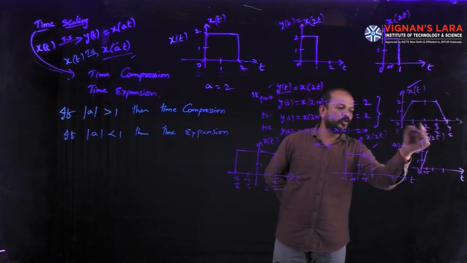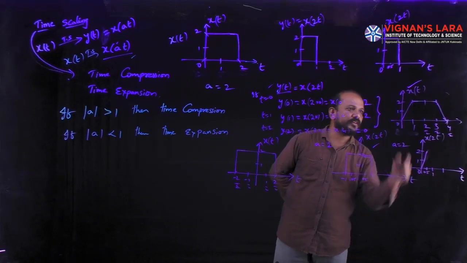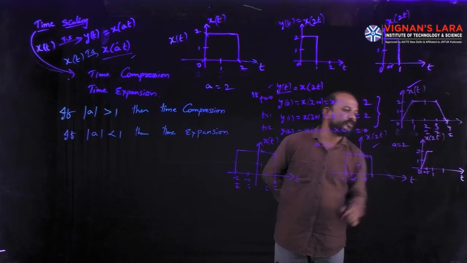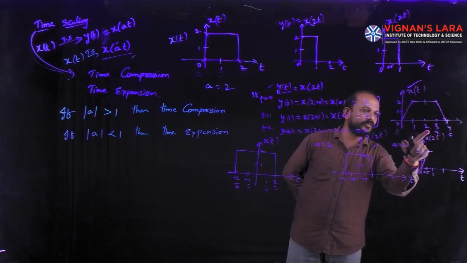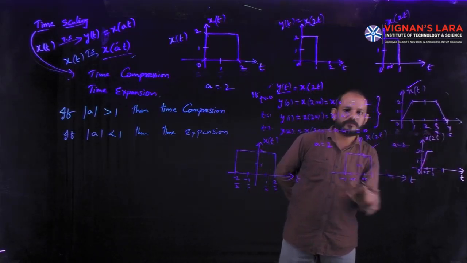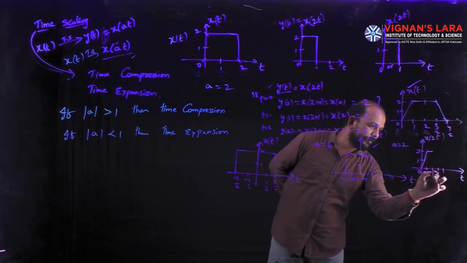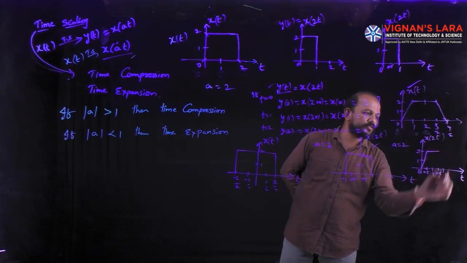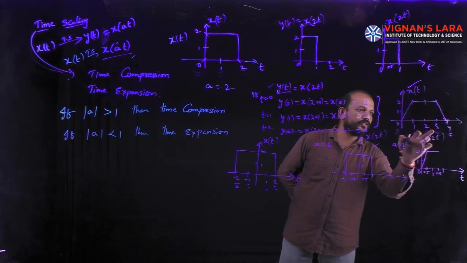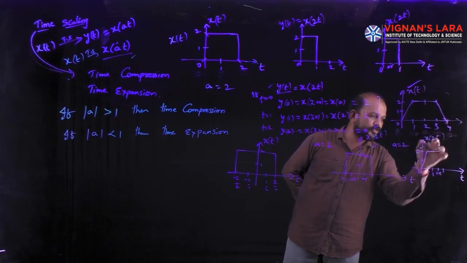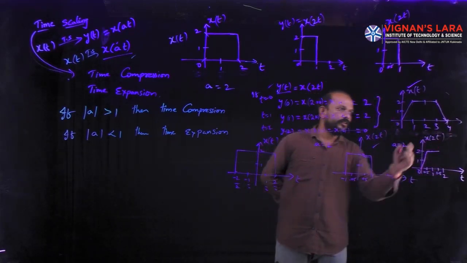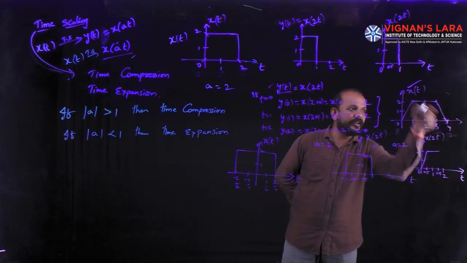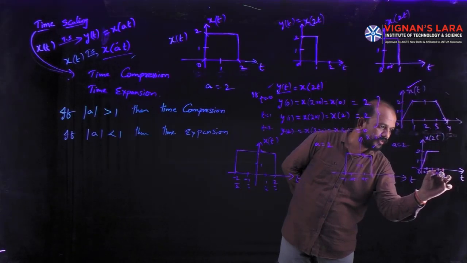Next, 2 by 2 is 1. Take this as 1. At 1, the amplitude is 2 again. Next, 3 by 2 is 1.5. There also, the amplitude is 2. Finally, 4 by 2 is 2, where the value is 0.